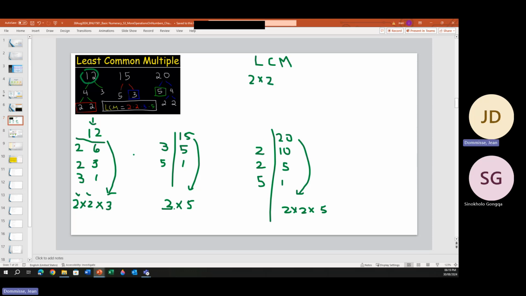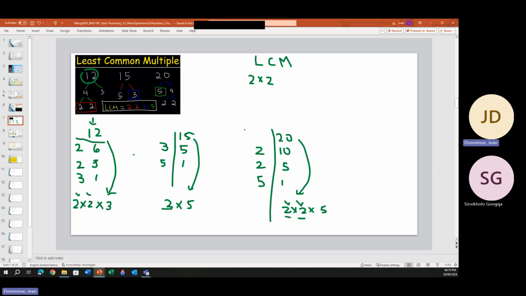Then I look at 15. Okay, there's no 2s, so I don't need to add them. And when I look at 20, I see there are 2 twos, so they are actually covered already by those 2 twos. Okay, so we don't need to repeat that again.